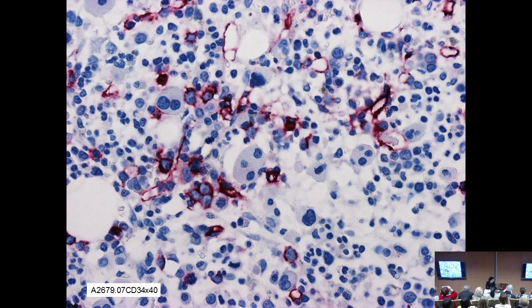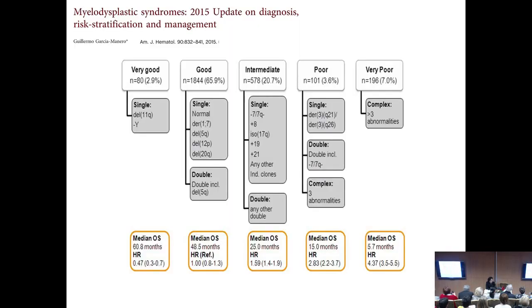You also have to look for blasts, of course, because if you have 5% or more blasts in the bone marrow, it's not MDS with deletion 5q anymore, it's MDS EB1 in this case, with this increase of CD34 positive cells. So this is the chapter dealing with the morphology.